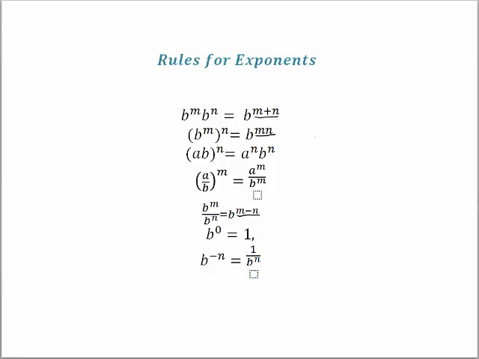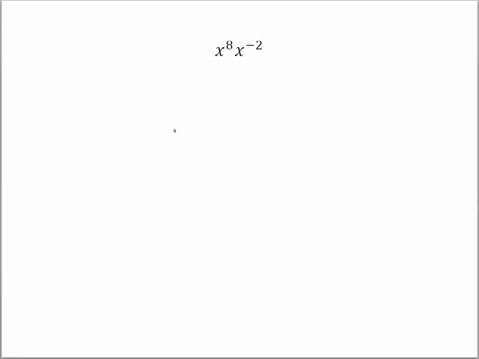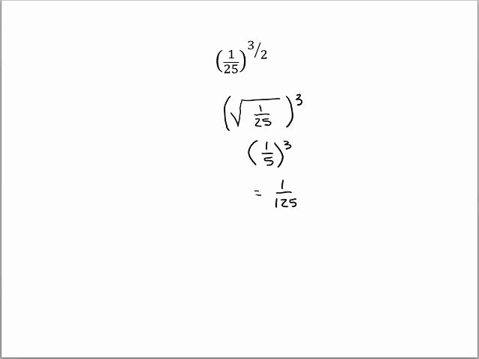Now, let me see if I can go back to that problem we wanted to work on. Here it is. So here we have 2 items, and we're multiplying exponents. Now, what did we say when we multiply exponents? Let's try that again.